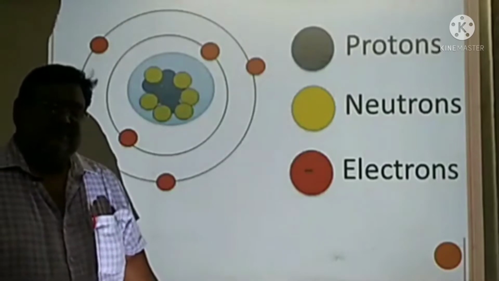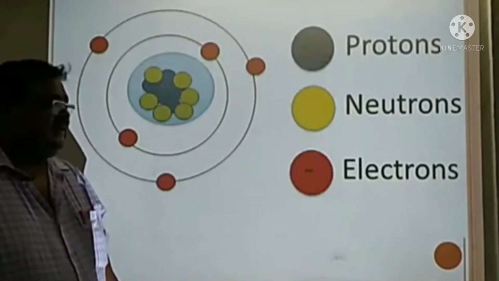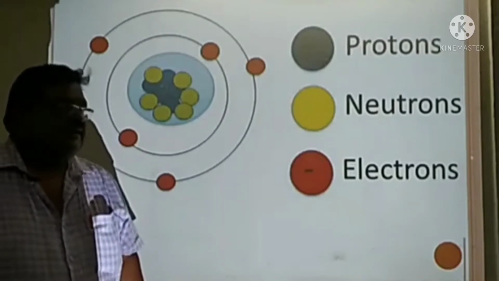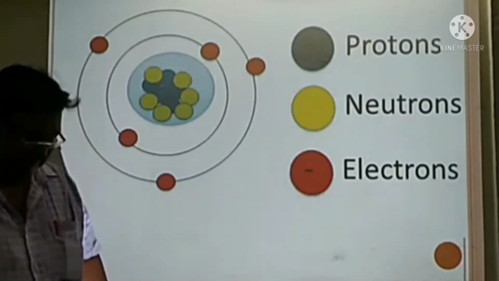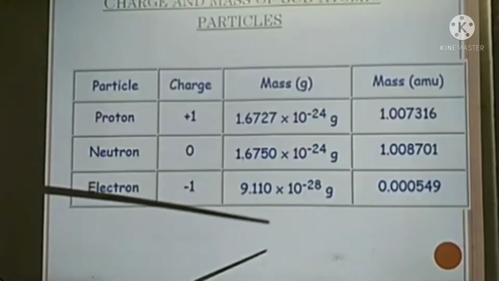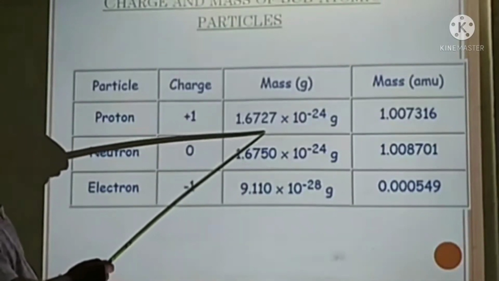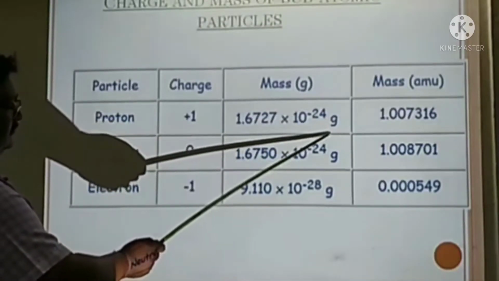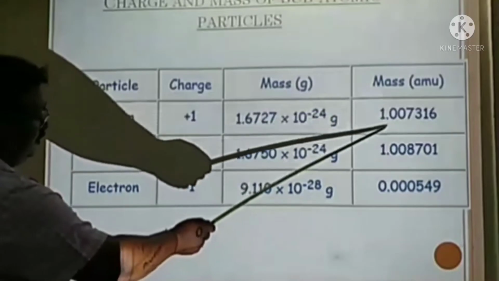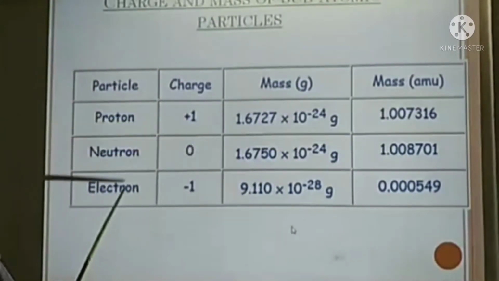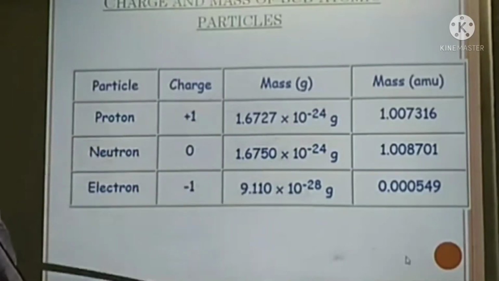As per your syllabus, the next portion is to know the charges and masses of these three fundamental particles. You just have to remember, proton, its mass is 1.6727 into 10 to the minus 24 gram, and in AMU 1.007316. Likewise, neutron and electron have these masses.